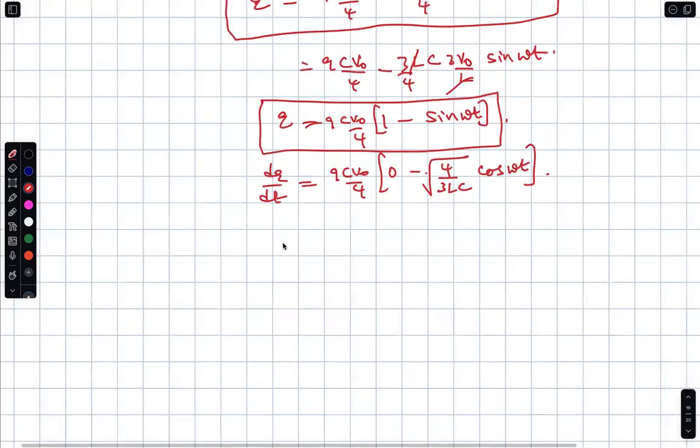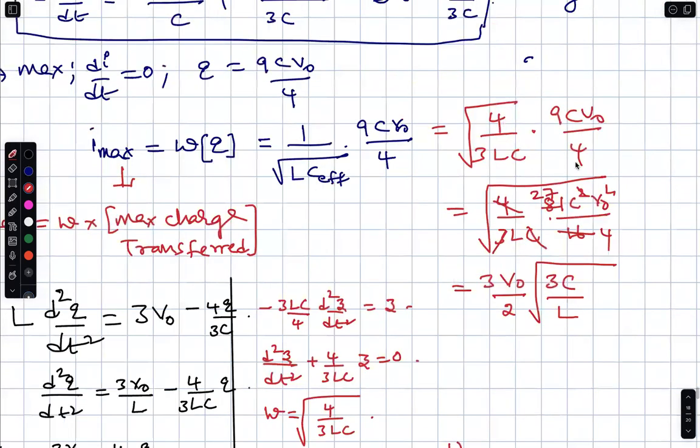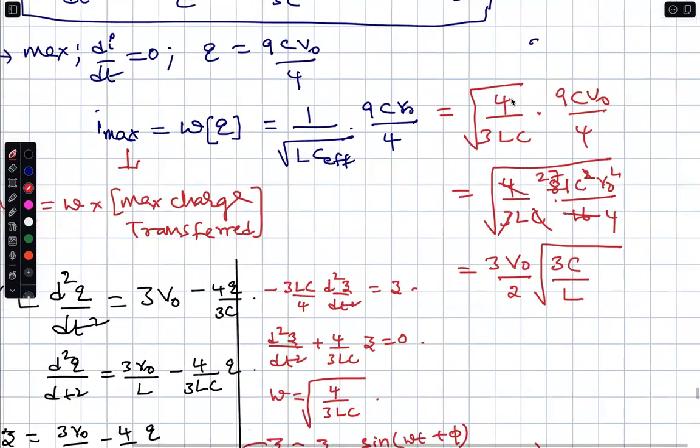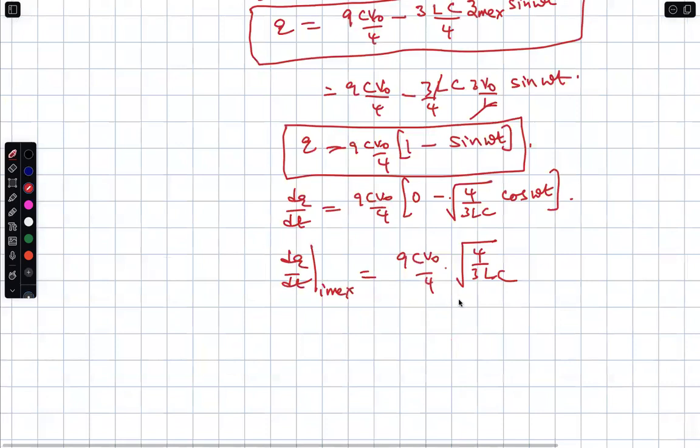What is the maximum value of dq by dt? I max is equal to 9CV naught by 4 times 4 by root of 3LC. What else have I written apart from this? The same thing I have written. I max. So please try to understand.